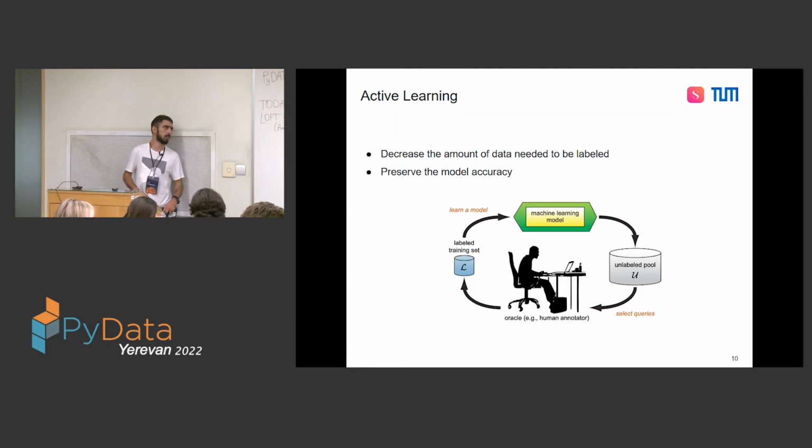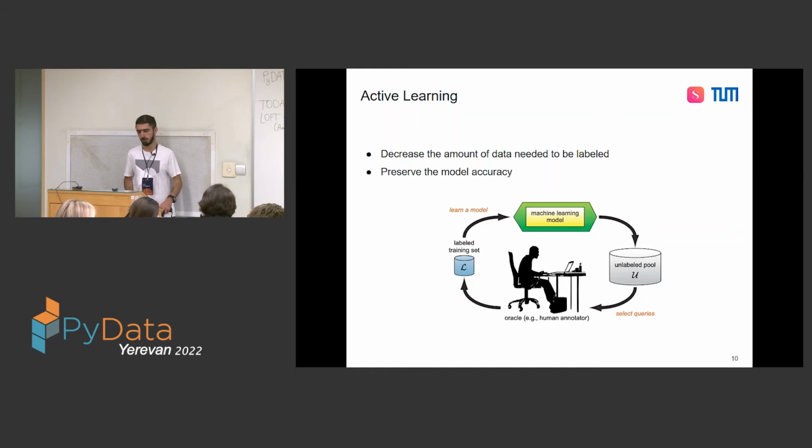Ideally, if we have unlimited budget, we can label all of the unlabeled pool, but usually that's not the case, and maybe this unlabeled pool is too huge. It would be ideal to select the most informative points out of this unlabeled pool, and label only those points, and only those points will be used for training our ML or DL model.